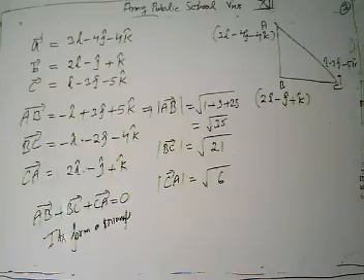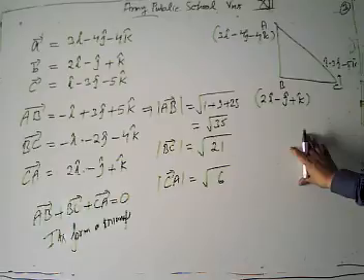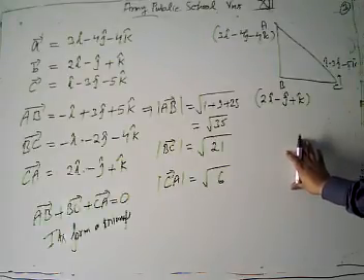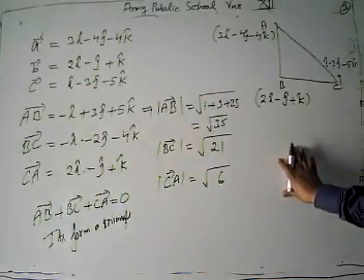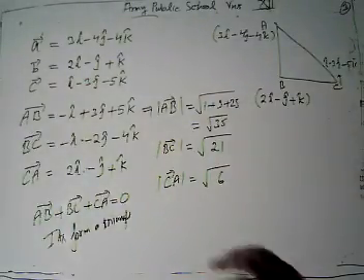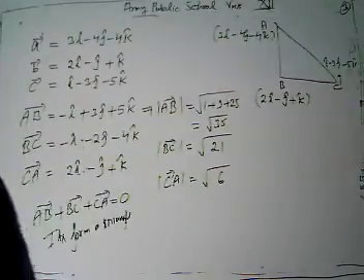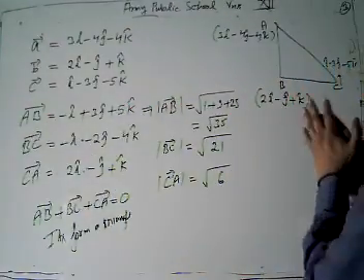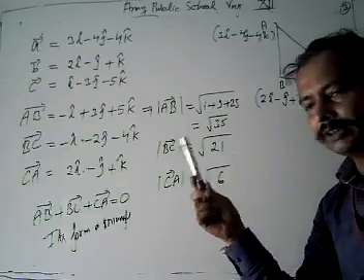If we are able to show that one side's square is equal to the sum of the other two sides' squares, then it is a right angle. I hope so. We have BC square is 21, and AB square plus CA square is 35 plus 6, 41. There is a little mistake somewhere, because to show a right angle, we have to check that one side's square is equal to the sum of the squares of the other two sides.